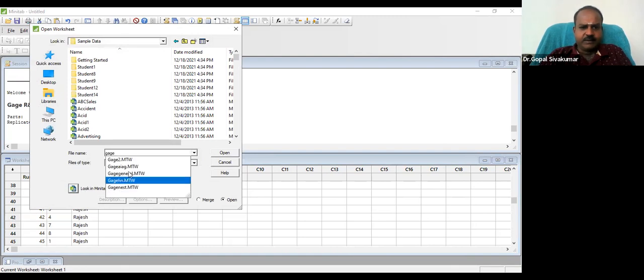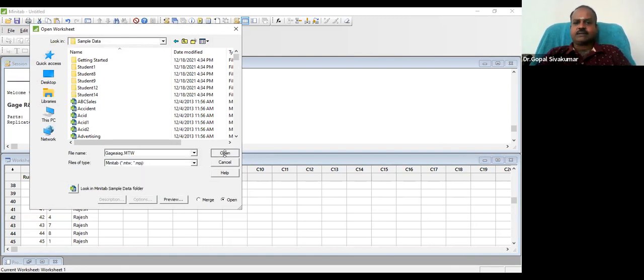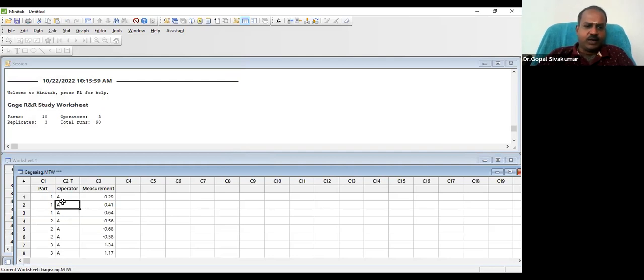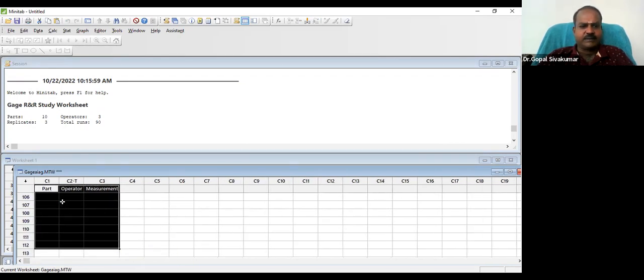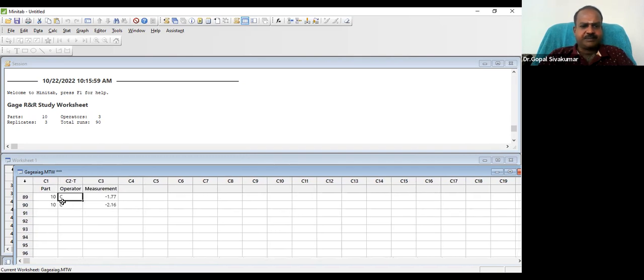I need the GAGE R&R one, right? So I selected this. Now can you all see the part number, operator, and then the data? Some numerical data, because we need numerical data for GAGE R&R. So all the 90 data is available.